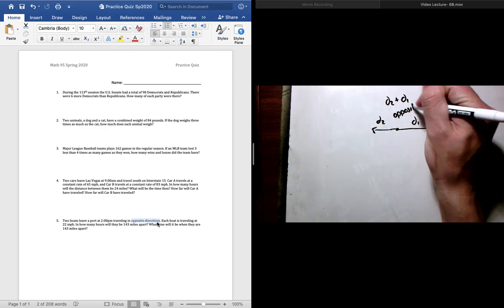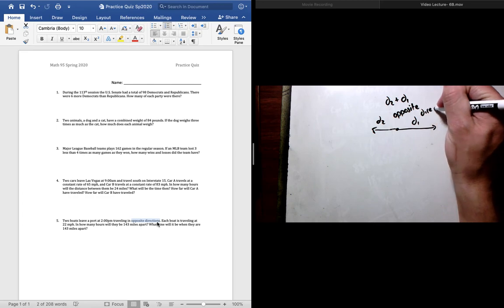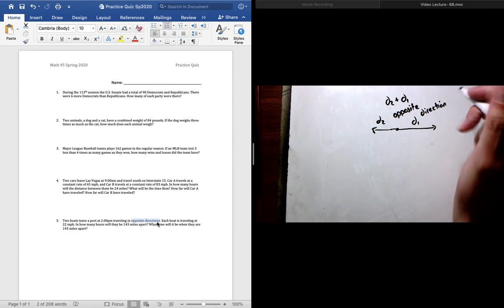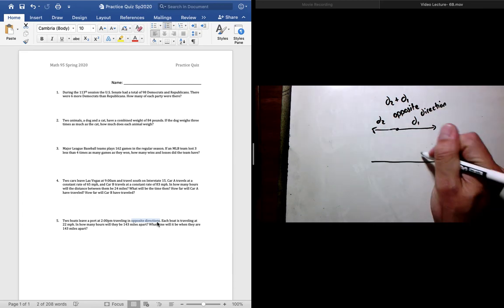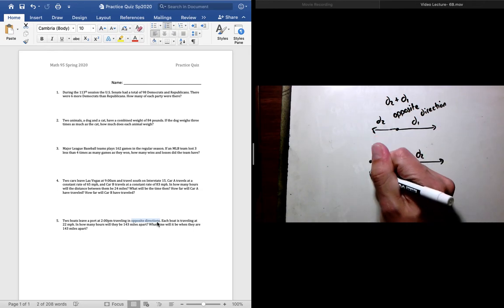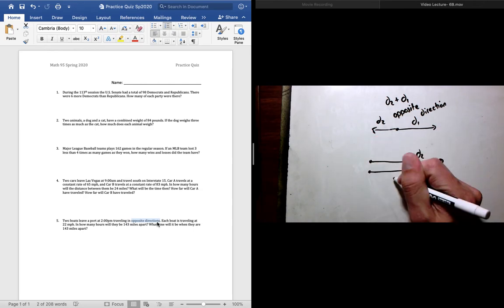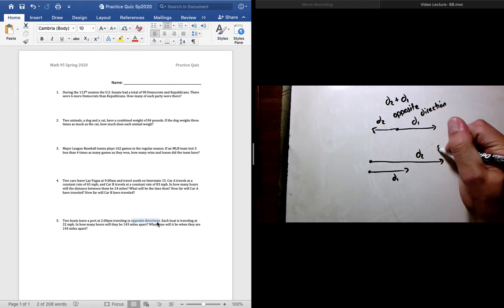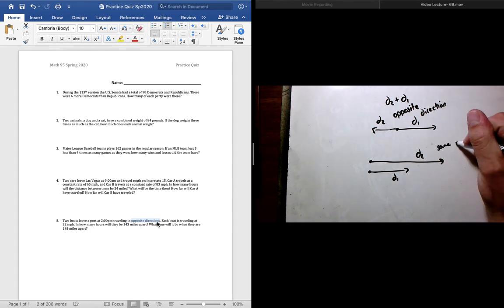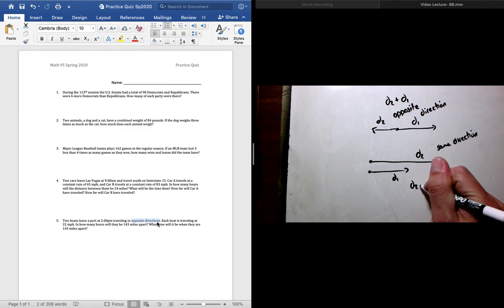We add the distance together. If they're going in the same direction, like the one that we just saw, maybe here is D2 and here is D1, going in the same direction, just different speeds, then we subtract.